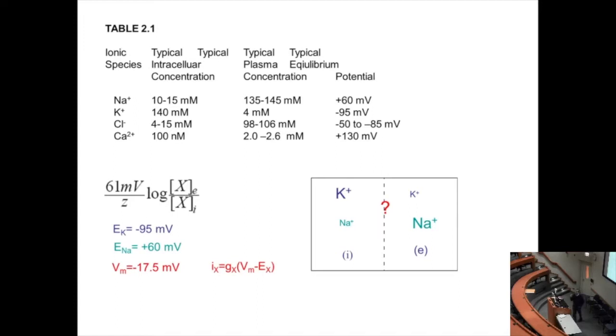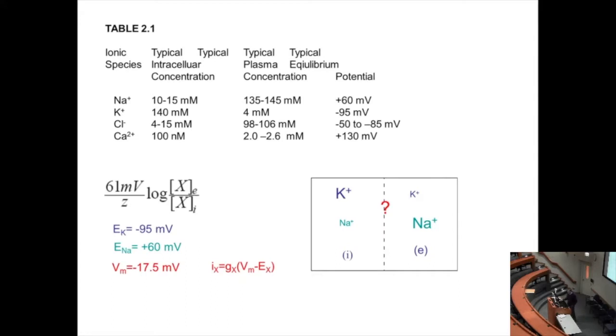If I was taking positive charge out faster than positive charge was coming in, then I'd be making the outside positive and my membrane voltage would be going down. At rest, it's not changing, so the currents all have to add up to 0. In this case, they're equal and opposite, okay?